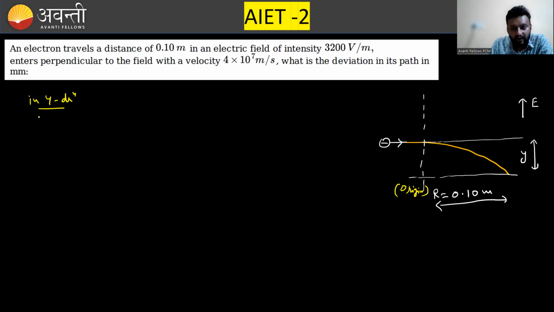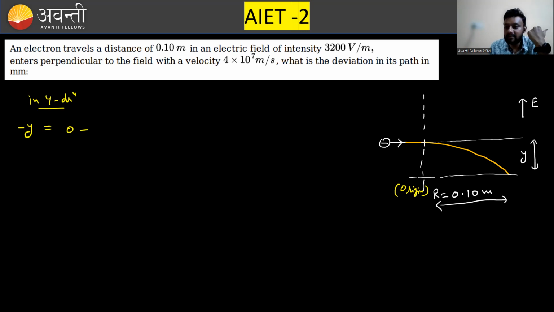So the displacement in the y direction, negative y, is equal to ut minus half gt square, something you have studied in kinematics in projectile motion. So initial velocity in y direction is 0 because the particle is moving horizontally according to our diagram. That means 0 minus.